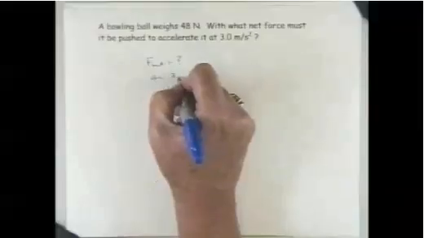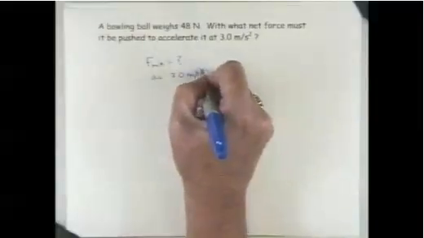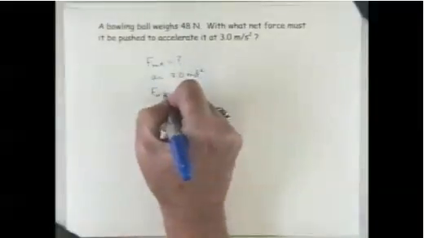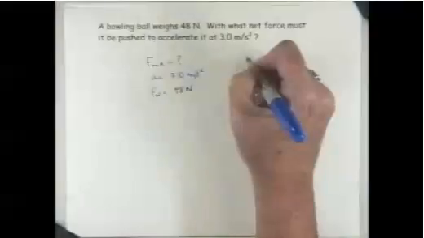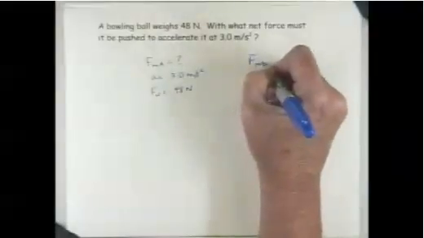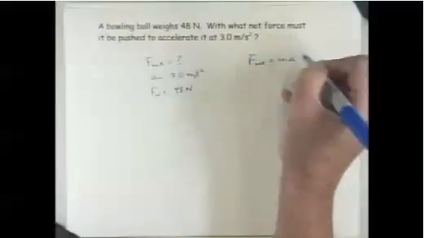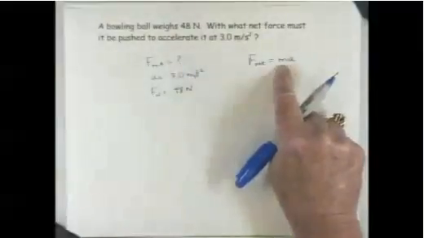And we know acceleration and weight. But to use F equals ma, we need mass, not weight.